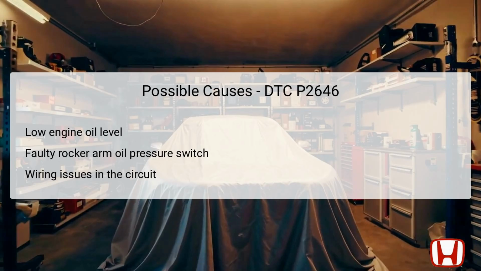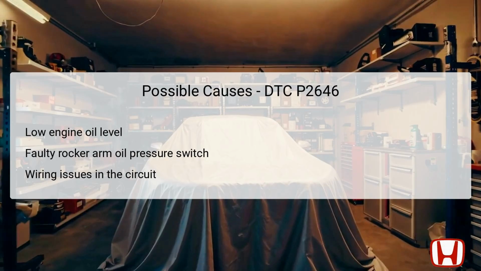P2646. Firstly, a low engine oil level can significantly affect oil pressure, leading to erroneous signals from the rocker arm oil pressure switch. Secondly, a faulty rocker arm oil pressure switch may provide inaccurate readings or fail to operate entirely, resulting in this DTC being triggered.